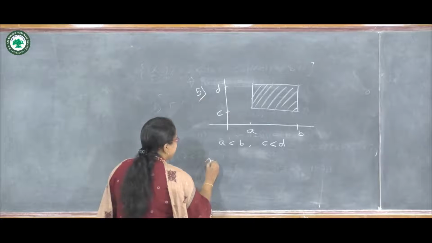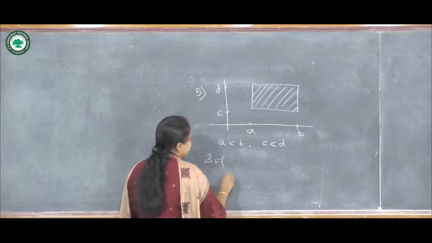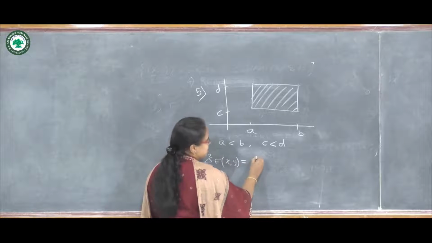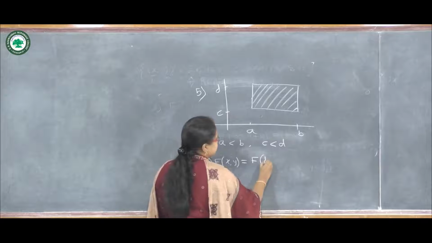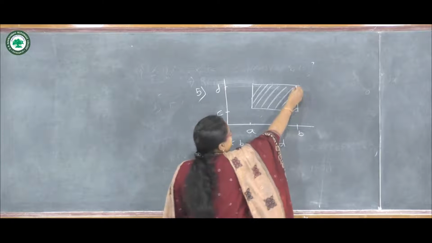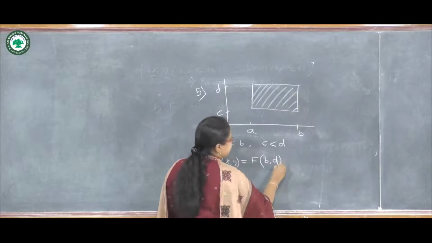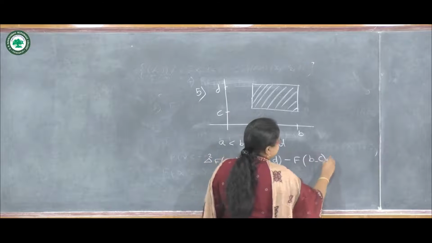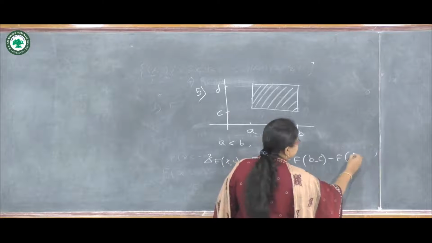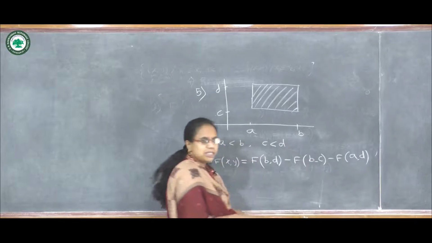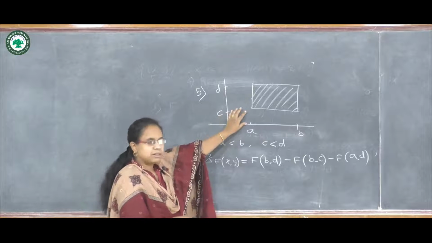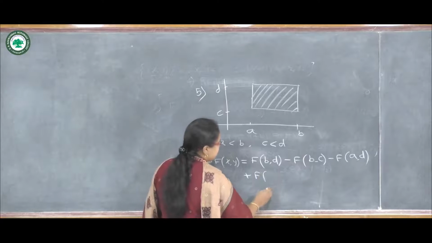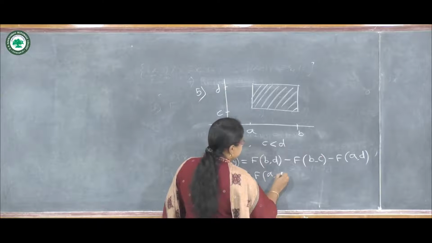This area can be calculated as delta square of F of x y. This can be calculated as F of b comma d, meaning up to this all the area we can take, minus F of b c, then minus F of a d, and we can see that this area is repeated 2 times. So we will add it once, meaning F of a comma c.